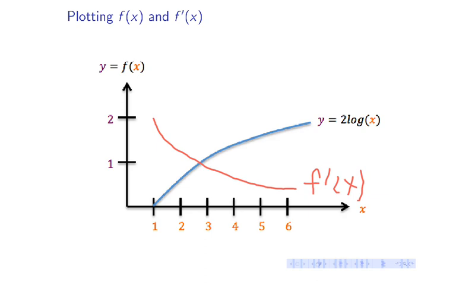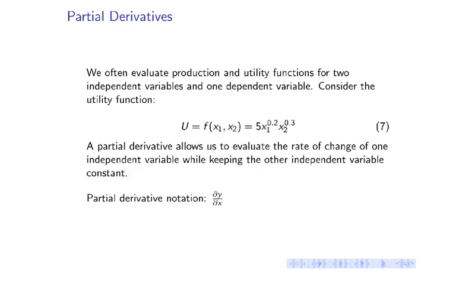So we've talked about logs, we've talked about polynomials, but what about the case where you have more than two variables? Often when we're dealing with production and utility functions, there will be two independent variables and one dependent variable. So for this utility function right here, it's a function of x1 and x2.